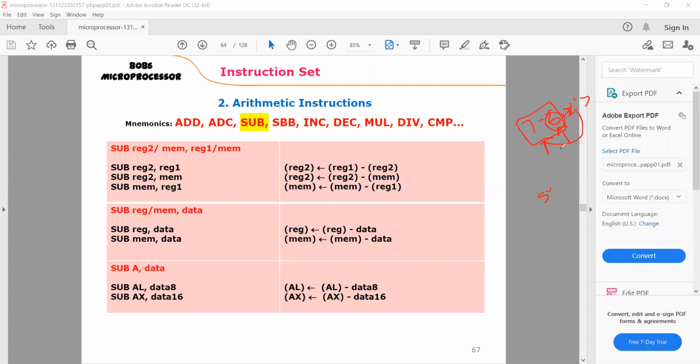Depending upon the base of the number system, you will perform the subtraction method. As the microprocessor uses the binary number system, here the subtraction will use 2's complement subtraction.